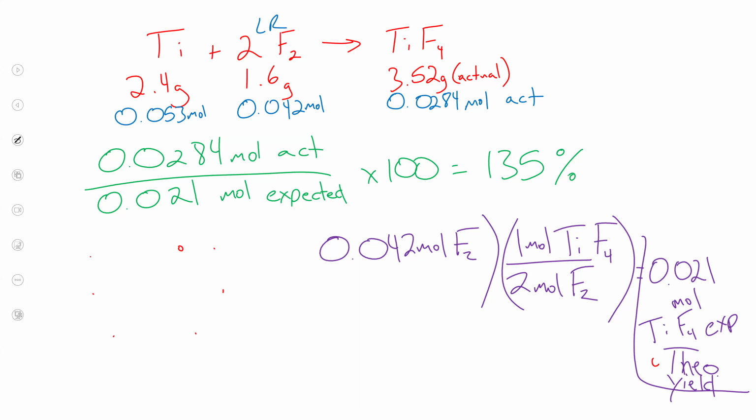However, when we actually do these reactions in lab, we can measure more than 100% yield sometimes if we screw something up. What if we weighed some of the leftover titanium with our product? Or what if we did this in water and filtered all the solid out of the water, but then we still had some water mixed in with our product when we went to weigh it at the end?